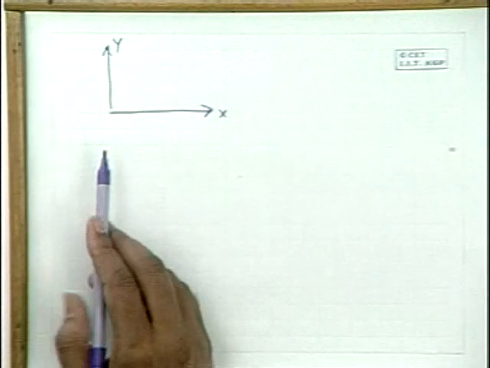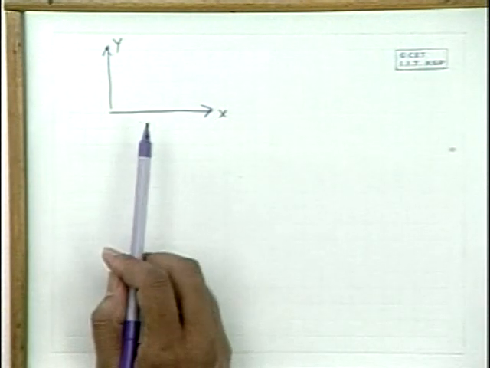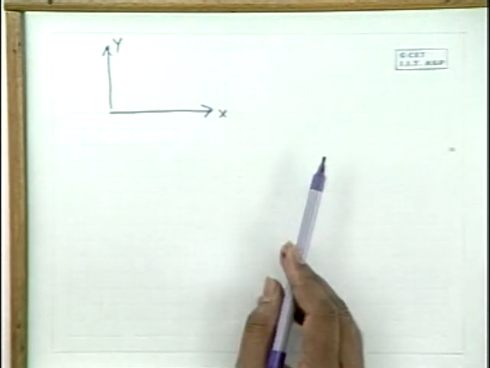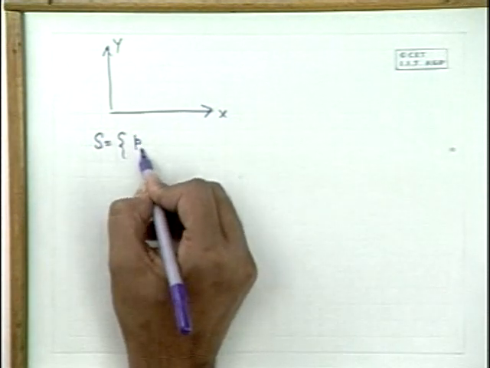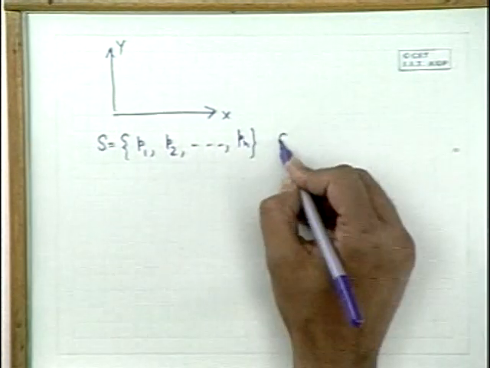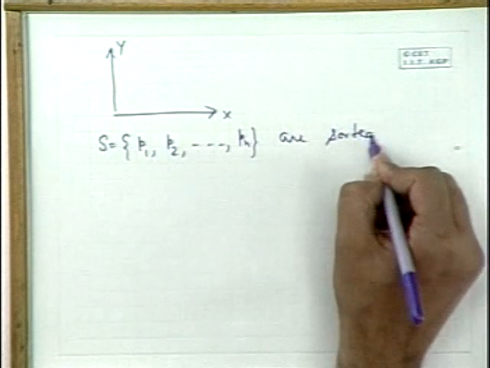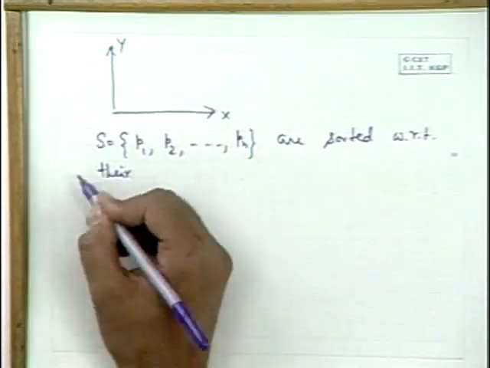We will start from the leftmost point and process the points one by one in this sorted order. So I am now assuming S, P1, P2 up to Pn, are sorted with respect to their x coordinate.